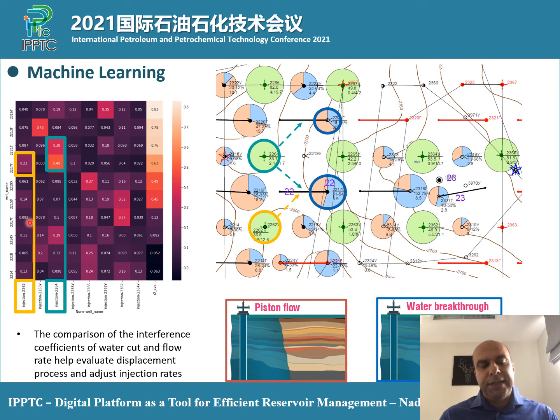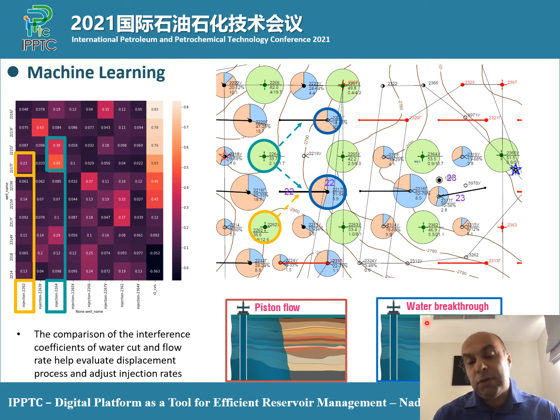And obviously this can again give us a more accurate picture of hydrodynamic models to understand the efficiency of water flooding. Ideally, I put those two pictures just to show that what we are trying to achieve in any water flooding project is a piston flow, meaning that you get 100% efficiency of the water injected, that it is going to push and produce the same amount or volume of hydrocarbons.